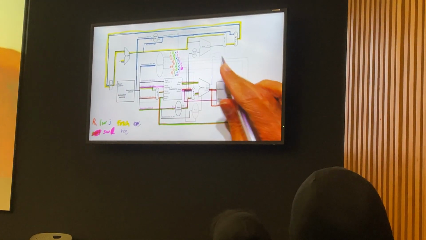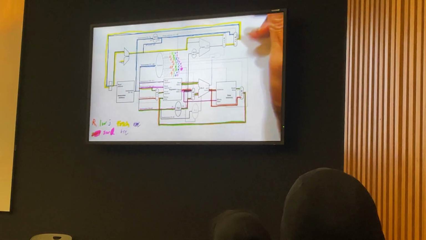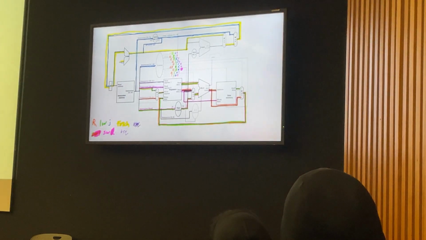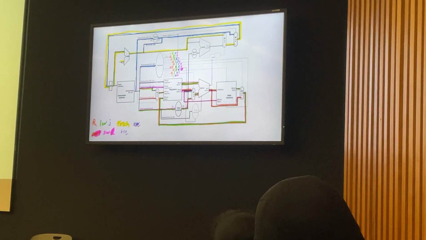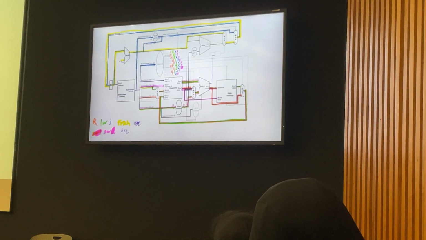I'm going to ignore this AND gate for now. If the result is 0, what is the address we're branching to? We're taking the 16-bit field. If you remember, the machine code is a PC relative word address.